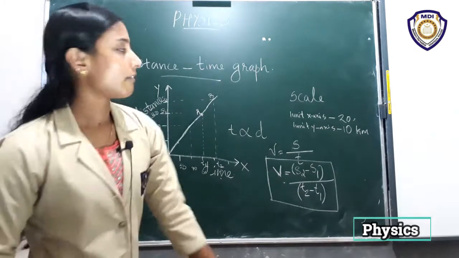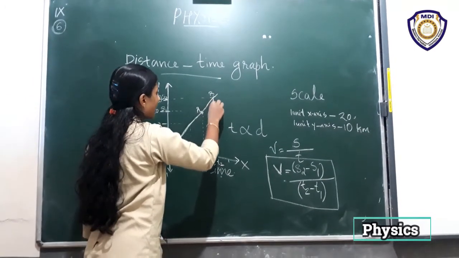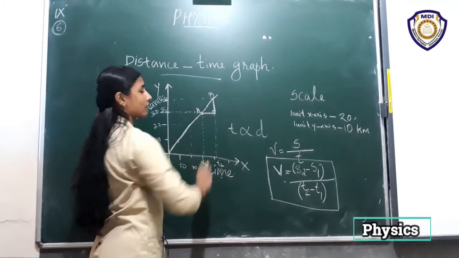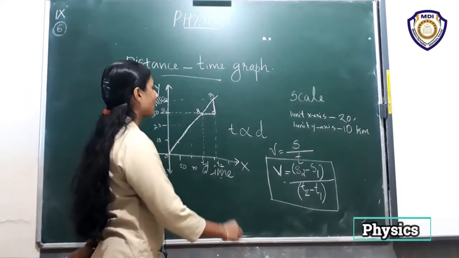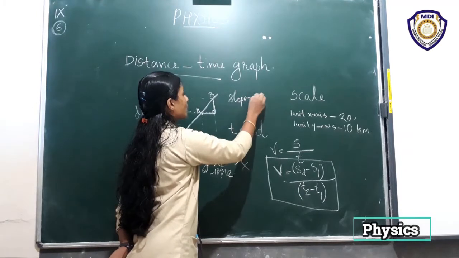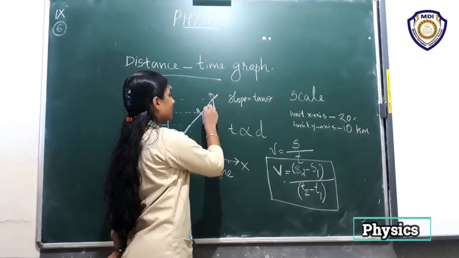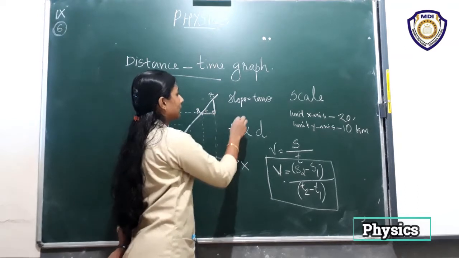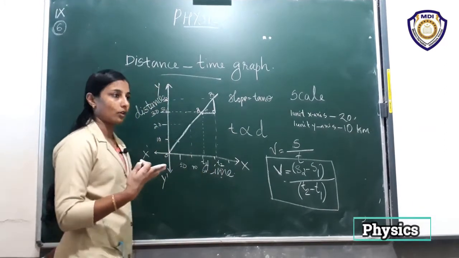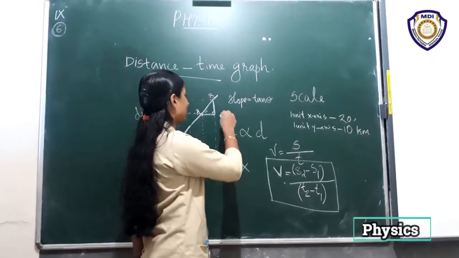Anyway, the slope is equal to tan theta, and if you know trigonometry or the Pythagoras theorem, I think you know that. What is tan theta?